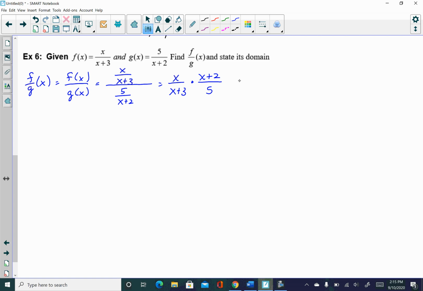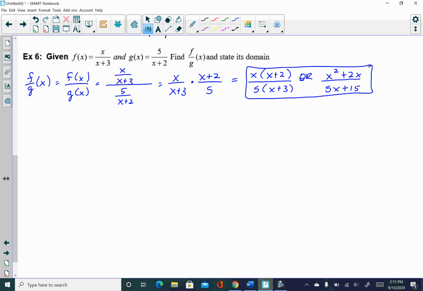From here, we can leave it like this, x parentheses x plus 2, over on the bottom, 5 parentheses x plus 3. Or go ahead and multiply that out and say, okay, well, this is x squared plus 2x over 5x plus 15. Either one would be legal. I'm not sure if MyLab Math has a more preferred method, though.